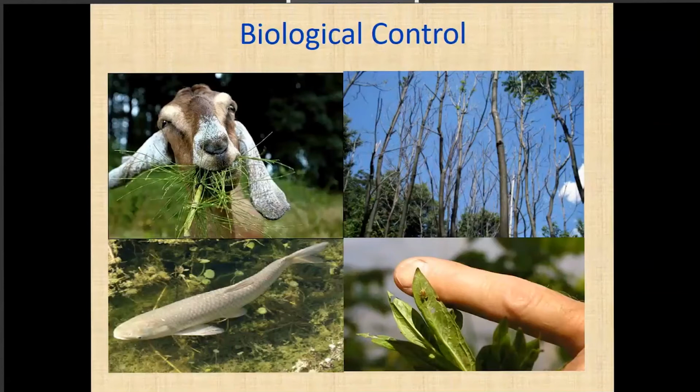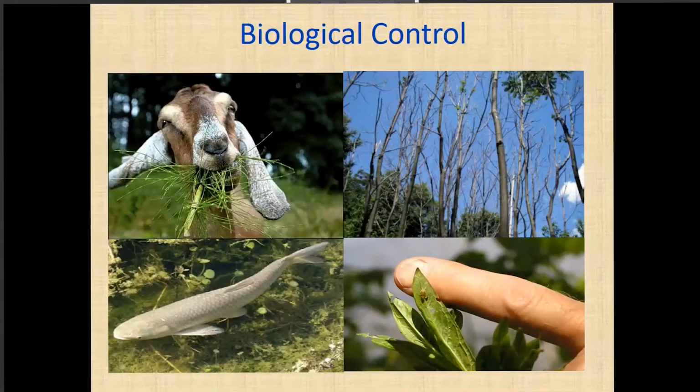On the lower left-hand side, we've got grass carp. This is an invasive, non-native species, potentially invasive. Oftentimes they're bred to be sterile, and they're utilized in ponds to consume vegetation, and so essentially as a pond cleanup animal. And on the lower right is a small beetle that is a predator of purple loosestrife, which is a terrible invasive flowering plant.